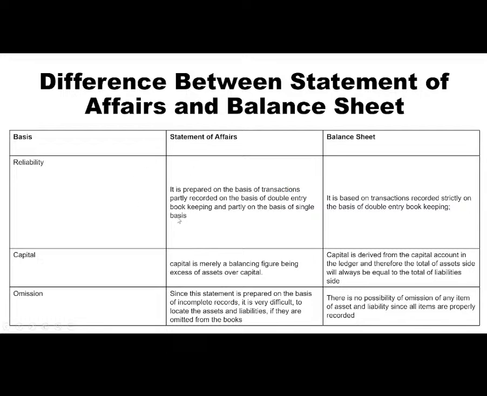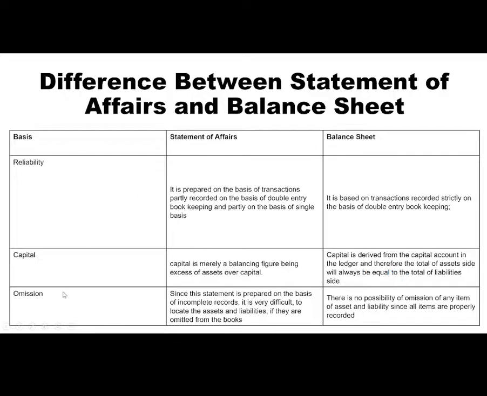Then you have the capital. In the statement of affairs, capital is merely a balancing figure, being the excess of assets over liabilities. But on the balance sheet, capital is derived from the capital account in the ledger. Therefore, the total of the asset side will always be equal to the total of the liability side.